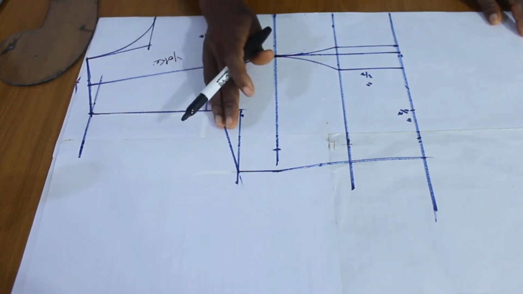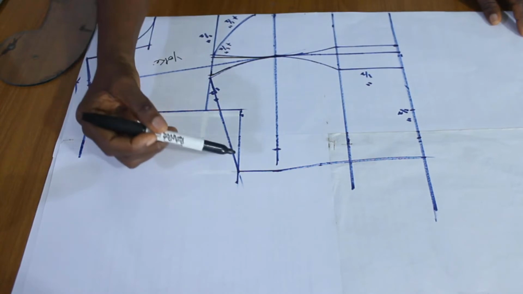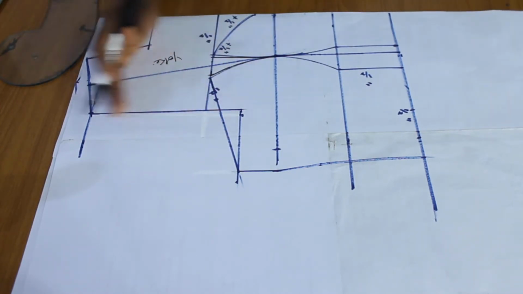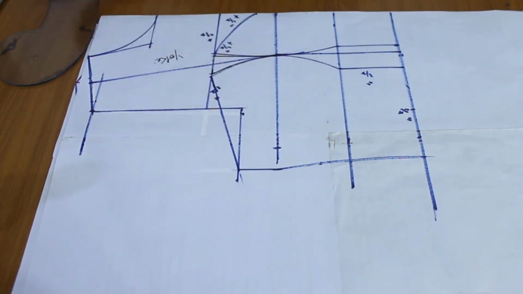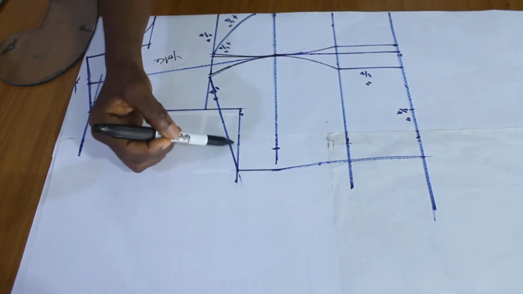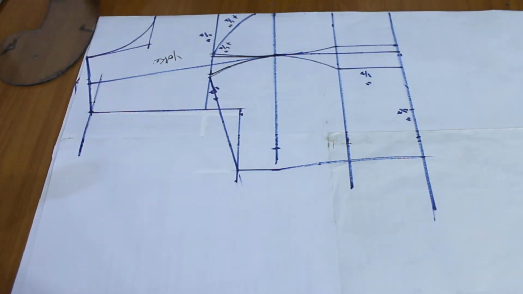Then when you attach this yoke to this main one, you might not have a proper shape. So that's why I usually leave this one full like this. Then when I've attached the yoke to the bustier, I now carve out the shape of my armhole.